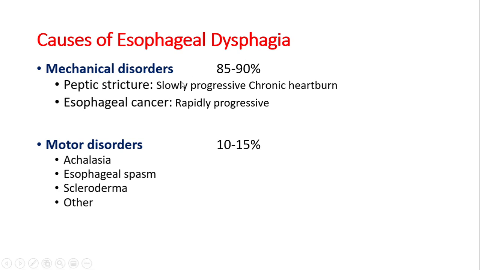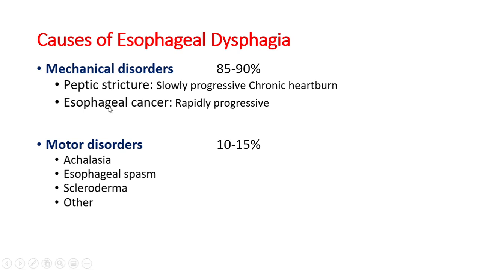The process is slowly progressive with associated chronic heartburn and sometimes upper GIT bleeding, pain that is aggravated by eating, and it is associated with inflammation and ulceration and other reparative processes.